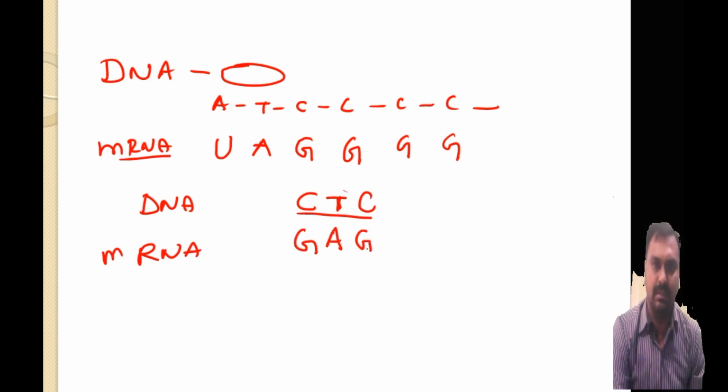This GAG codes for glutamic acid at the 6th position. But in sickle cell, what will happen?